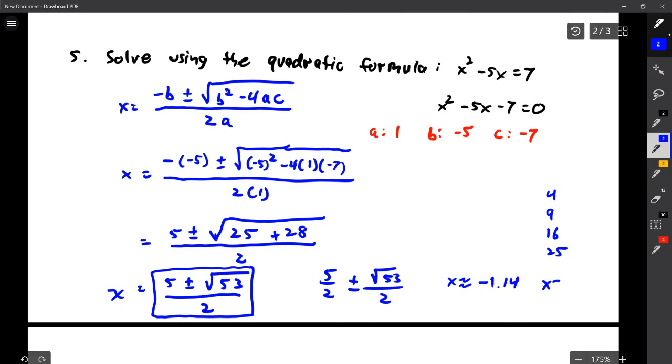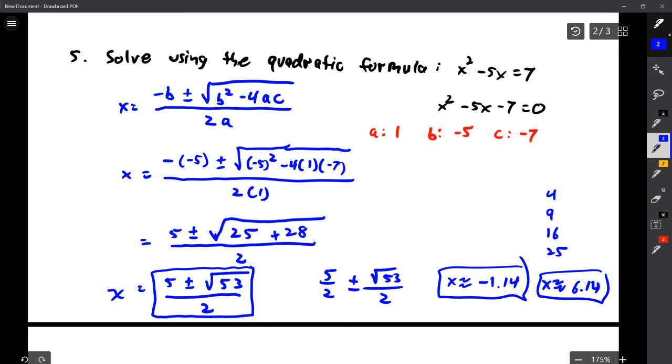And then if I do the plus, 5 halves plus square root of 53 divided by 2. Oops, I actually did the divided by 2 inside the square root. It needs to be outside. So let me do that again. 5 halves plus root 53 divided by 2. And we get 6.14. So those are the decimal approximations.